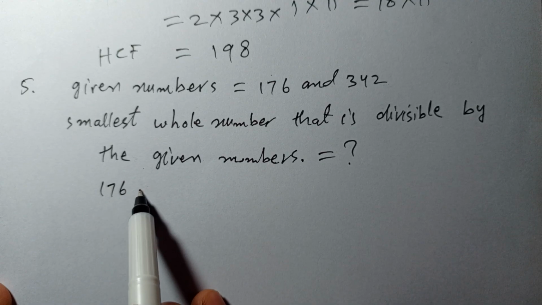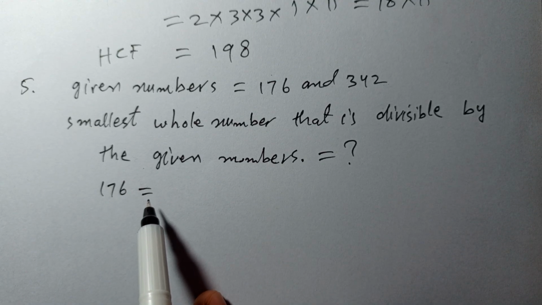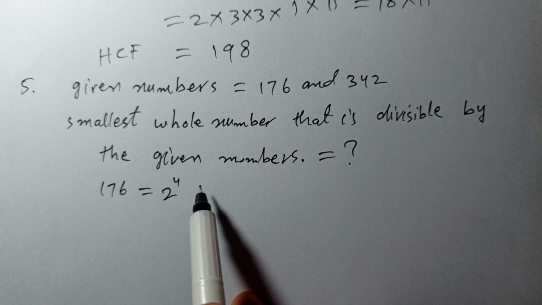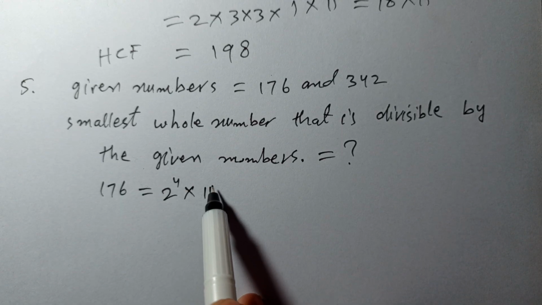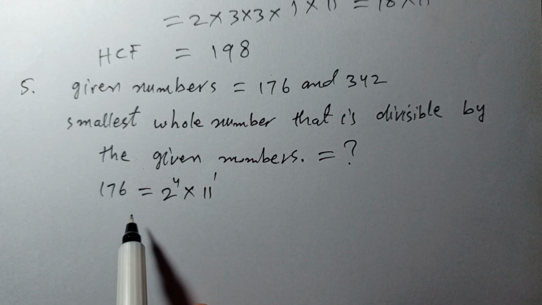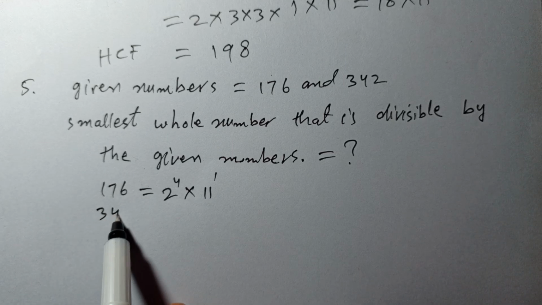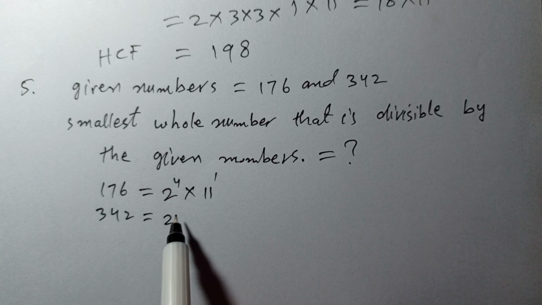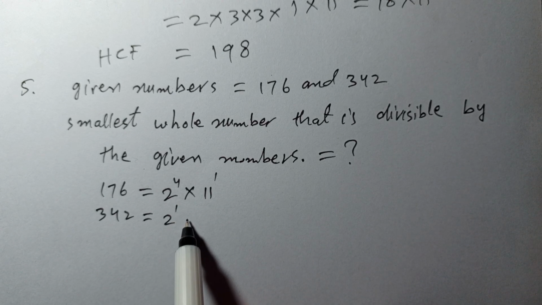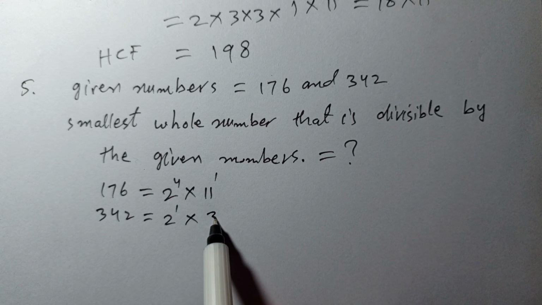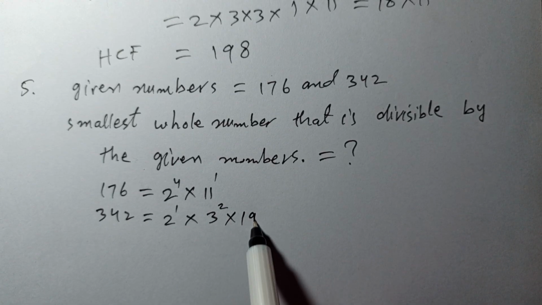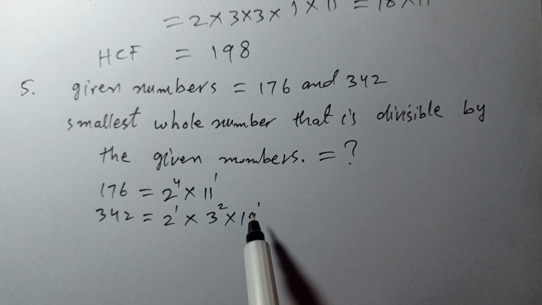He has given us 176 as the product of its prime factors as 2 raised to power 4 multiplied by 11 raised to power 1, and the second number 342 as 2 raised to power 1, then 3 raised to power 2, then 19 raised to power 1.